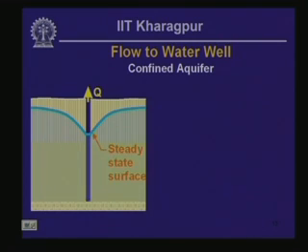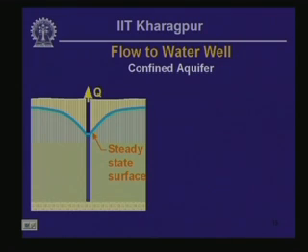Also, you are going to get a steady state water table at which, if you do not change the pump out rate of Q meter cube per second, this particular water surface is going to remain unaltered with time.